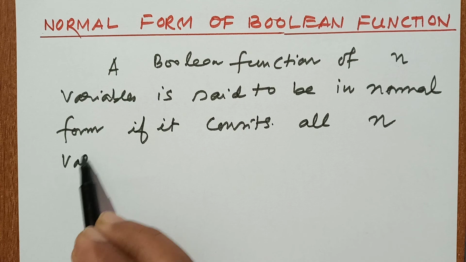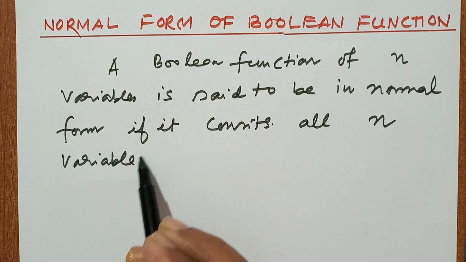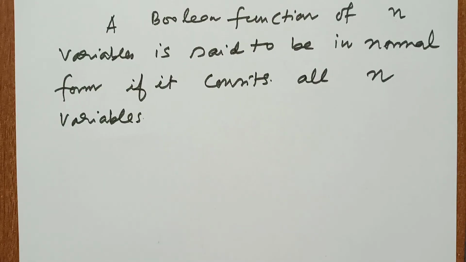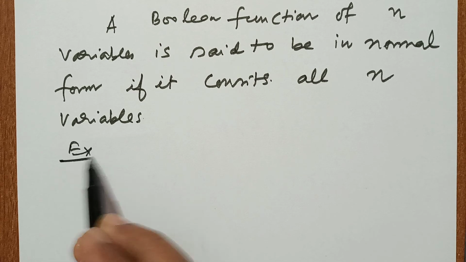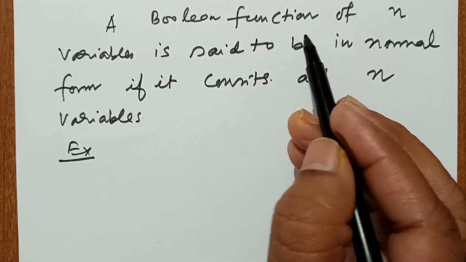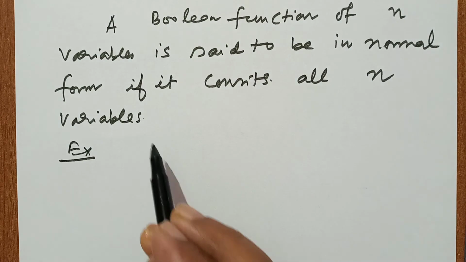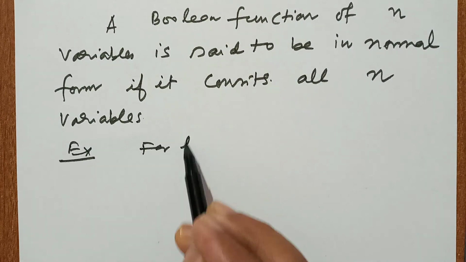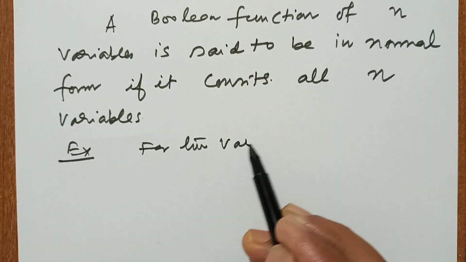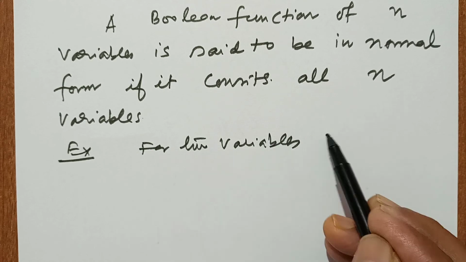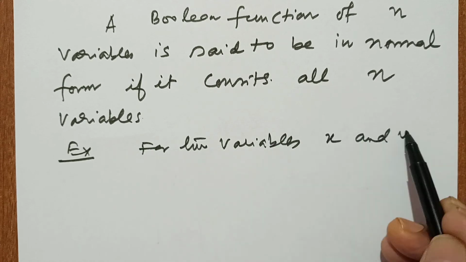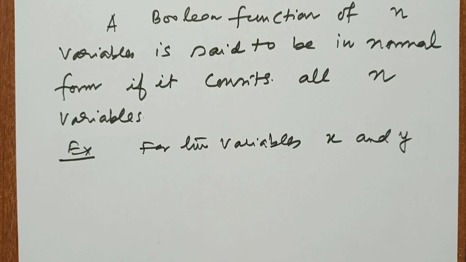Okay, for example, let us suppose Boolean functions for two variables. Okay, so for two variables x and y, what is normal form?